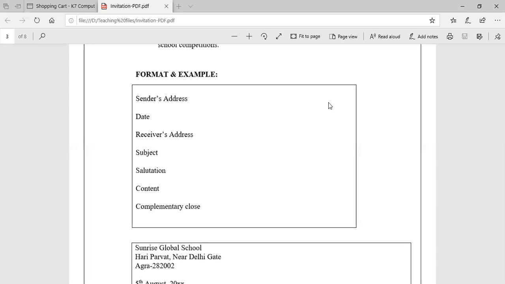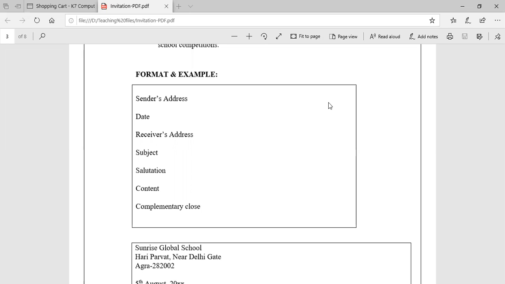While reading the subject, it is like making a long story short: the entire concept we can easily identify. So in the subject you have to specify the purpose for which you are inviting, the invitation for the particular program.